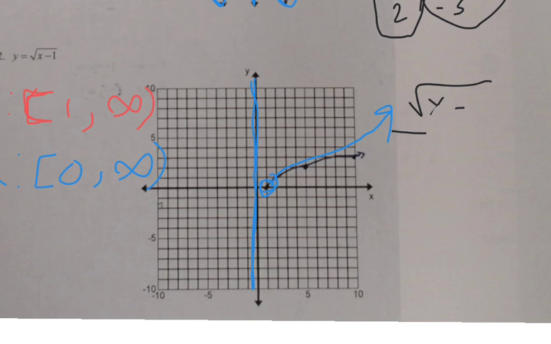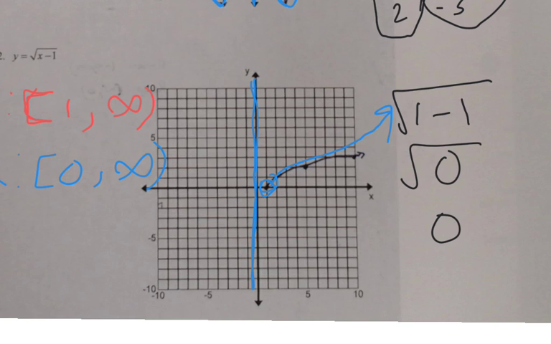So that's why the first x value that is defined is 1, because 1 minus 1, the square root of that is the square root of 0, which is 0.